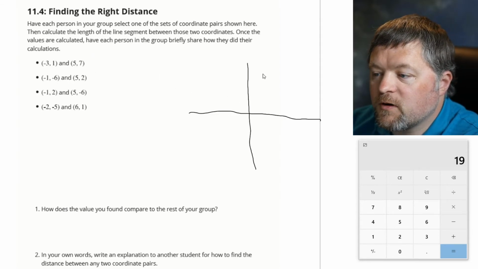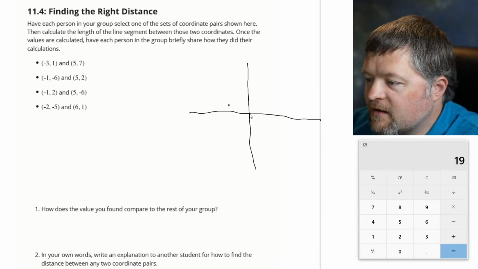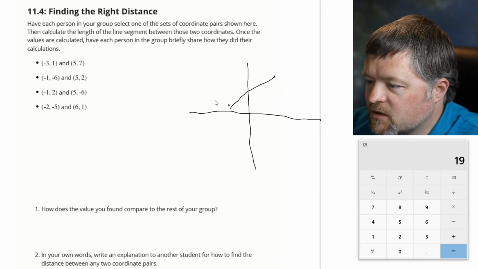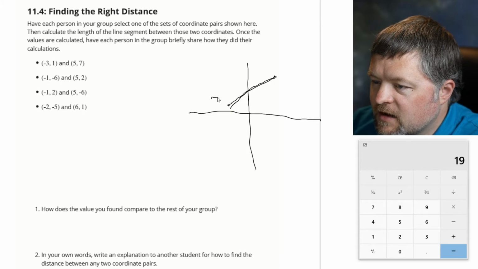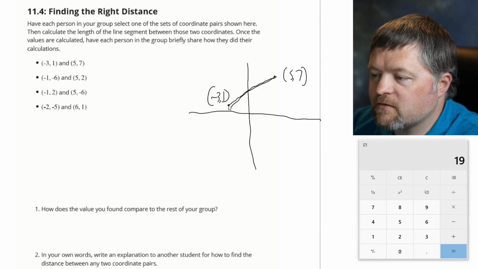So our first point is -3, 1 and 5, 7 approximately. Well, that wasn't a very good line. -3, 1 and 5, 7.